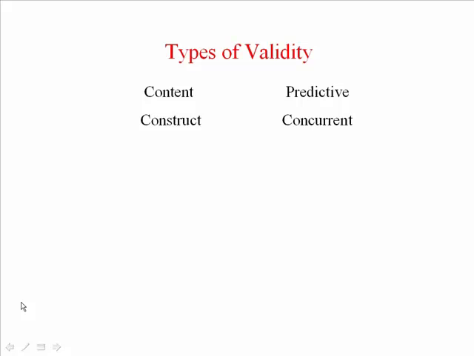Again, the underlying issue with all four approaches is simply we're wanting to be able to have an instrument that accurately does the job it's supposed to do, whether it be to predict, whether it be to measure the same thing as another instrument, or whether it be to simply accurately reflect the content that was covered during instruction.